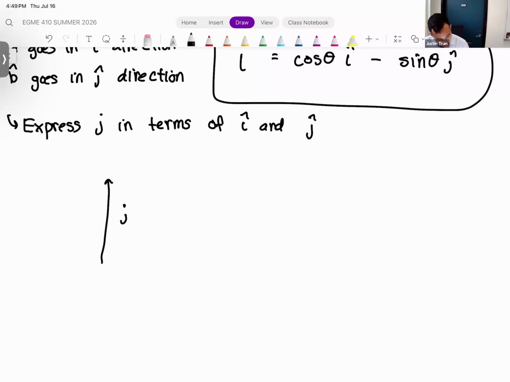Then, just like we did before, we're going to make a triangle based on the directions of our local coordinate vectors. Once again, we're going to have a B vector, B hat, and an A vector, A hat, with a right triangle in between them, and then an angle theta, just like that.